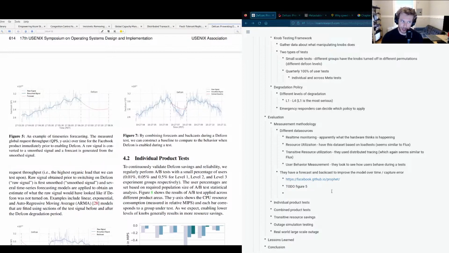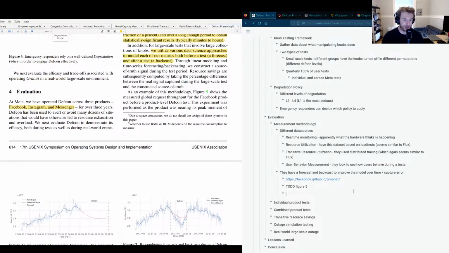They do some forecasting because obviously if the feature is turned off, then they don't have the signal. Is that correct? Yeah. They basically just want to know what the saving is. That's the takeaway, I think, from this section.